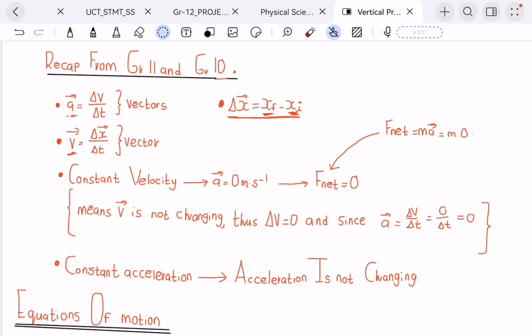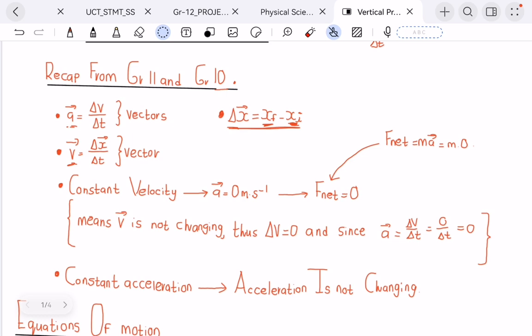And then let's talk about one of the other most important things about constant velocity. Remember that F net is equal to ma, according to Newton's second law, right? Meaning that if our acceleration is 0, then our net force is also equal to 0, right? So we can deduce that if something is moving with a constant velocity, its acceleration is 0 meters per second squared, and therefore the net force acting on that object is going to be 0.